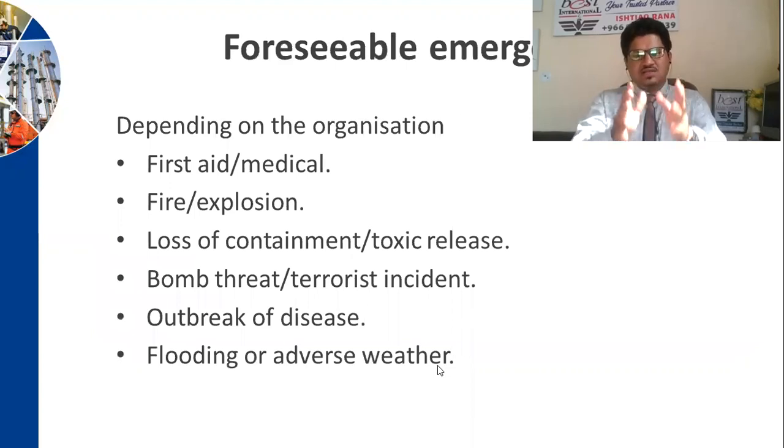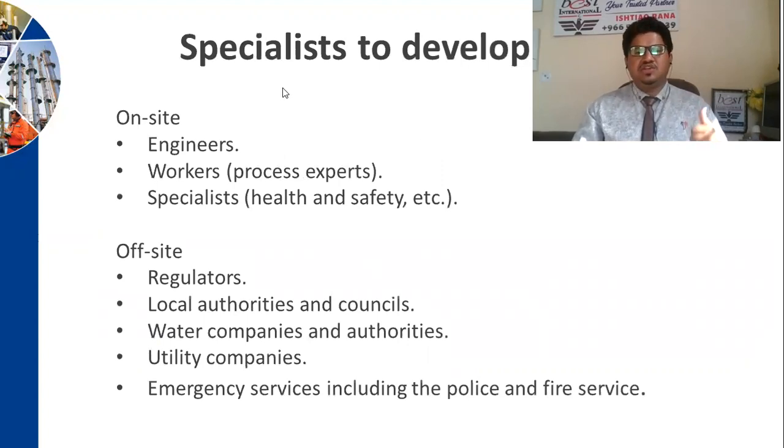These are examples of foreseeable emergencies. Accordingly, you need to prepare your emergency response plan and make sure it is well practiced, because practice makes perfect. Your employees must be capable of responding to these emergencies.